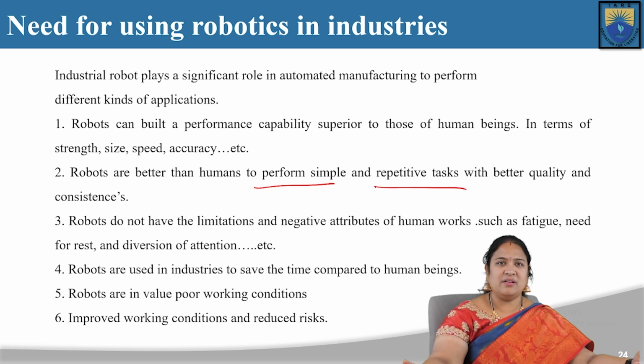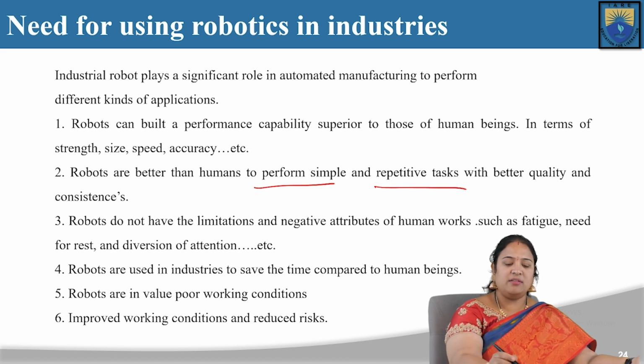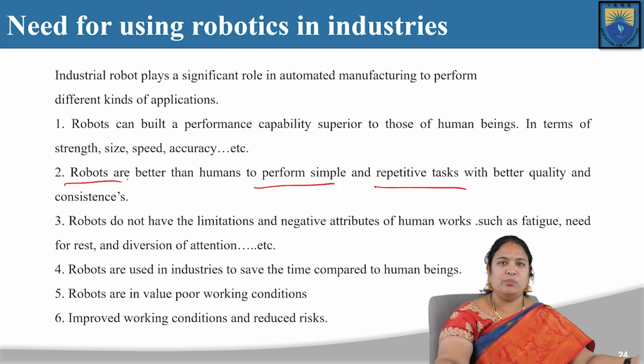The time consumption will be more, because the same work consumes more time, and the workers will want to relax, because it is the same work, so they say, let us relax for 5 minutes and start. But no, the robot will not do the same. So what is happening, the repetitive task whatever is to be done, the robots do it better than humans and they give better quality and consistent products, right?